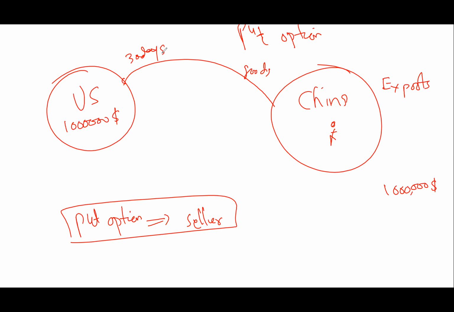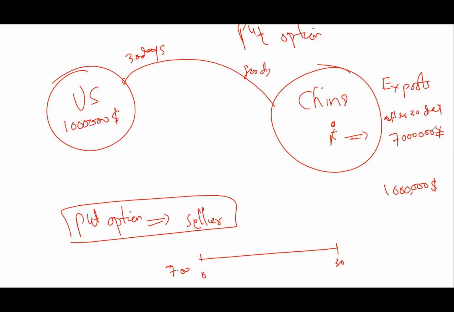Right now, if we make a timeline, right now $1 is equal to 7 yuan. The Chinese guy expects that after 30 days he will receive 7 million yuan.